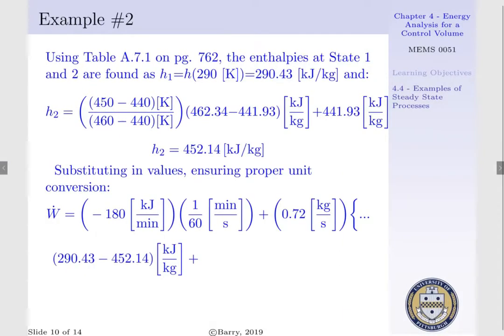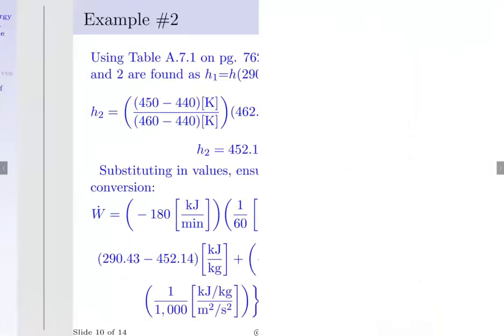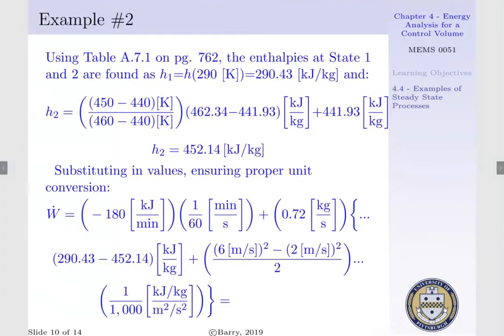Our difference of enthalpies between state 1 and state 2, i.e. 290.43, less 452.14 kilojoule per kg, plus the difference of our kinetic energy contributions, v1 squared less v2 squared over 2.